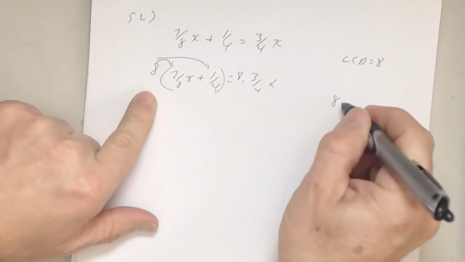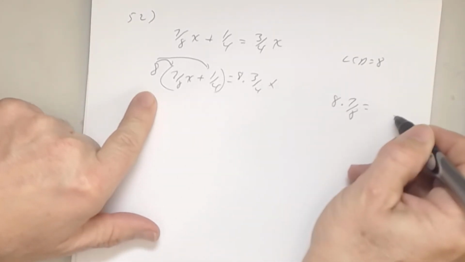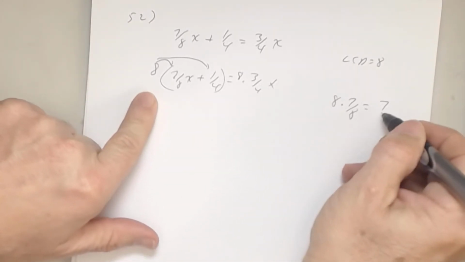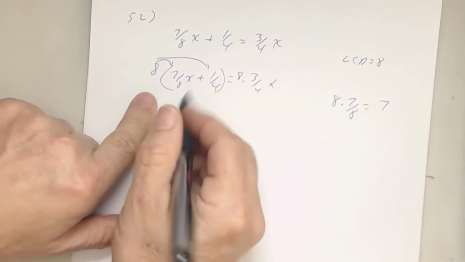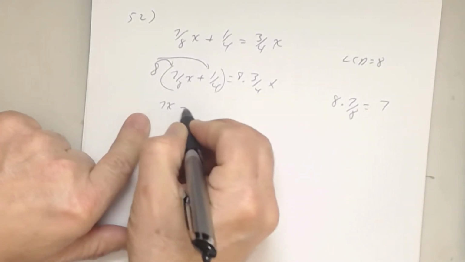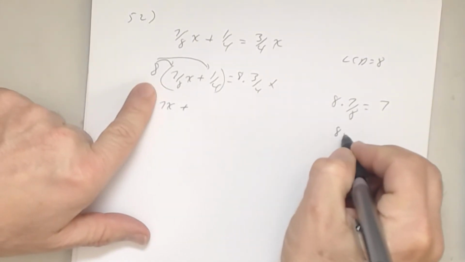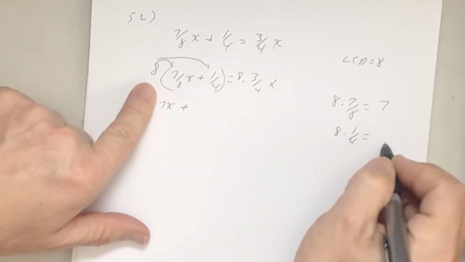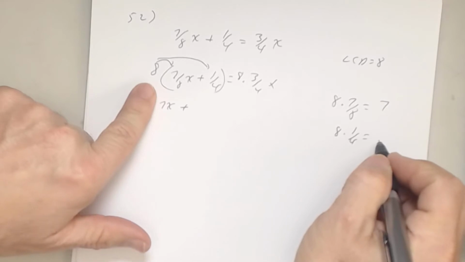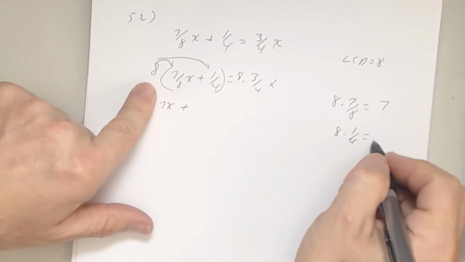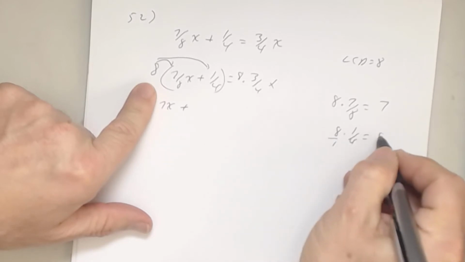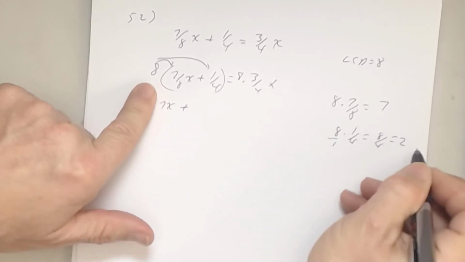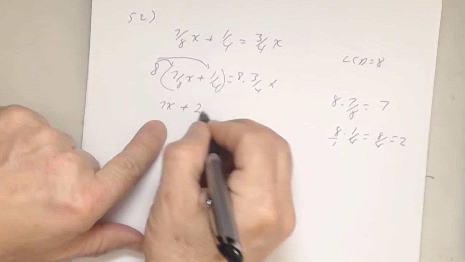What is 8 times 7/8? 7. Remember, the whole idea was to clear that fraction. So what is 8 times 7/8x then? 7x. Plus, what is 8 times 1/4? 2, right? Because this is 8 over 1. 8 divided by 4 is 2. So that's 7x plus 2 equals.